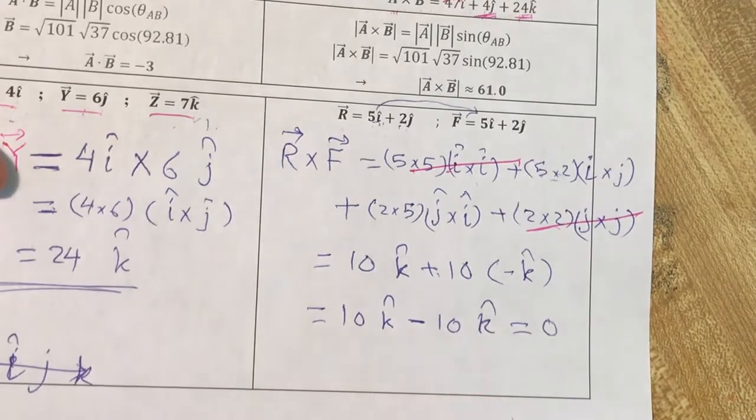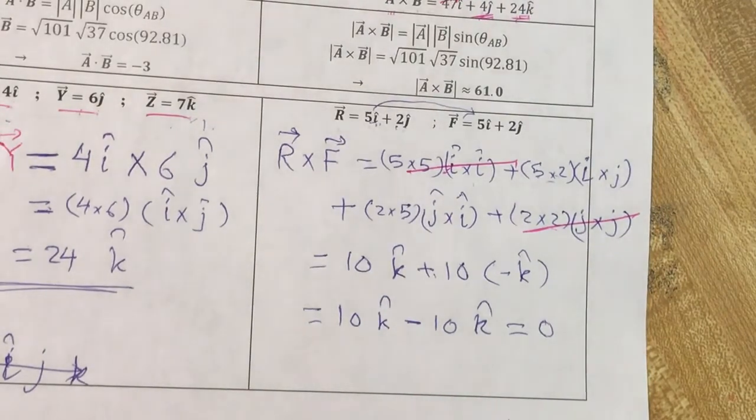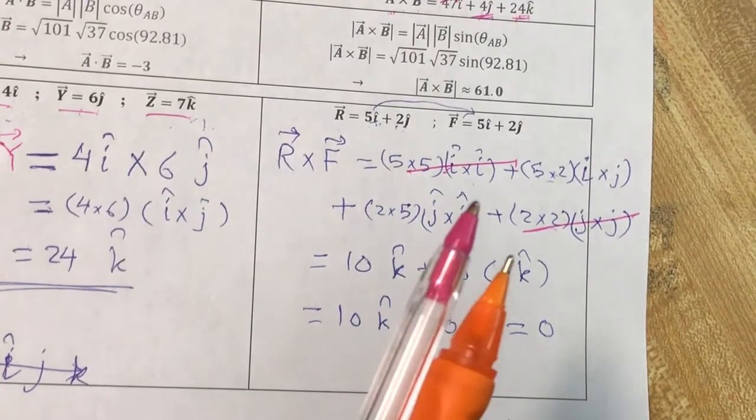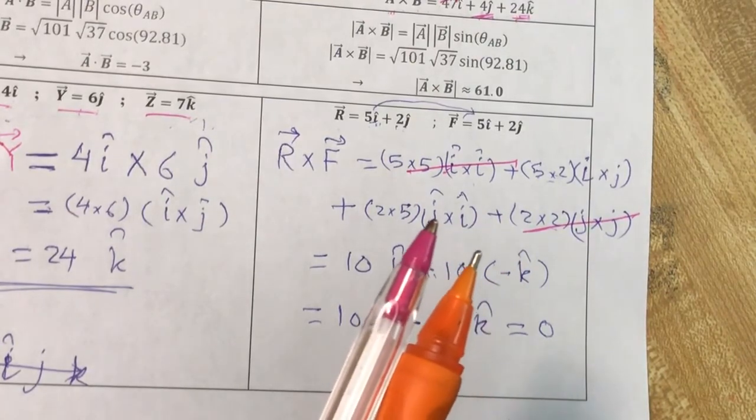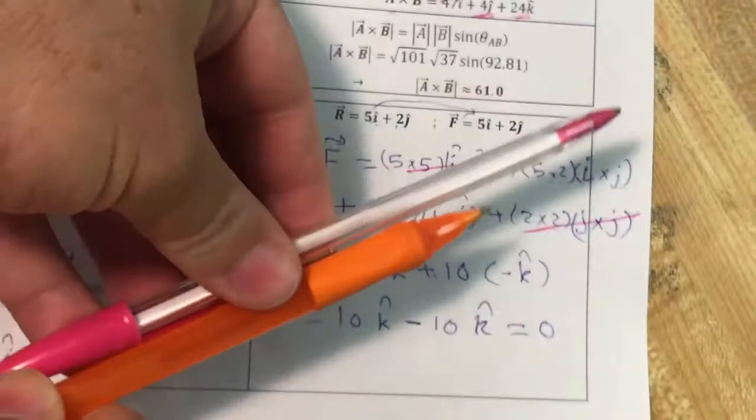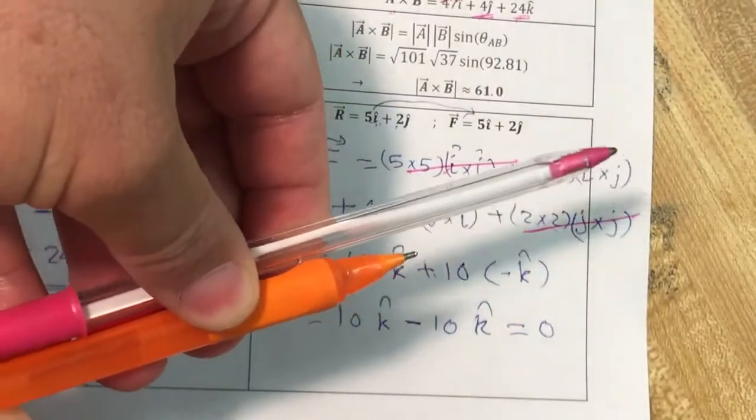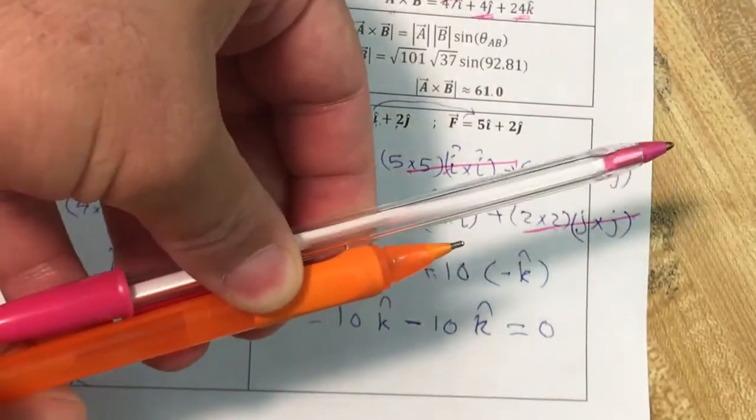It will be equal to 0. This result tells us that for any two vectors in the same direction, whatever their lengths, the cross product between them is 0.